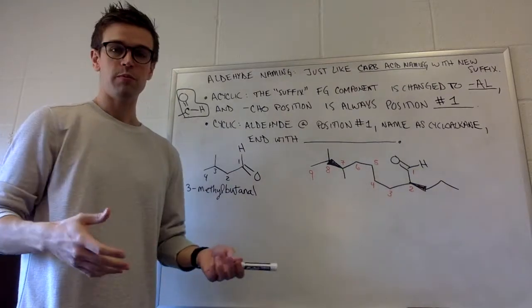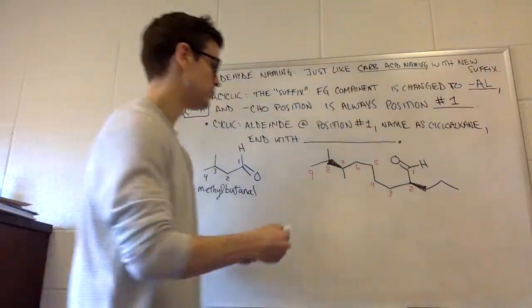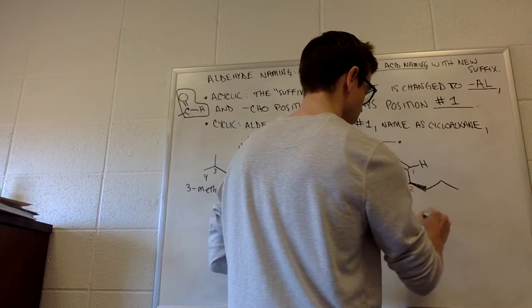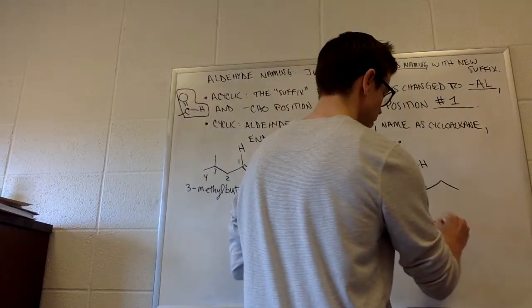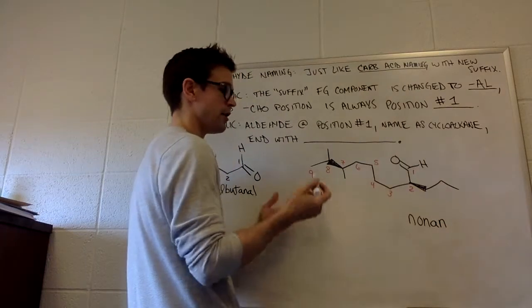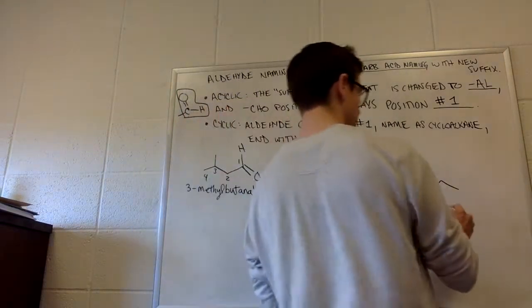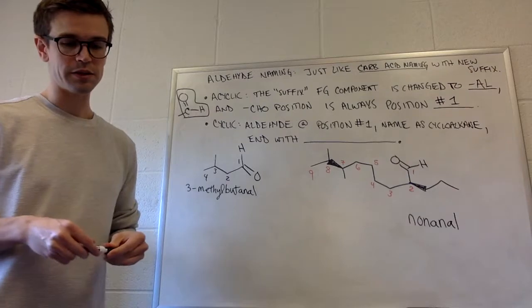Really, we can already put the end of it all. There are no alkenes, no alkynes, so -non-, and then the end is the suffix, which goes with the functional group, so that's an aldehyde. Nonal.